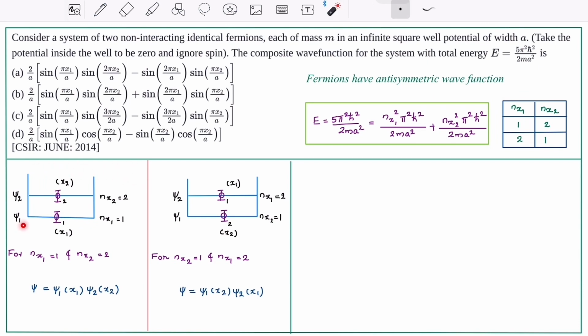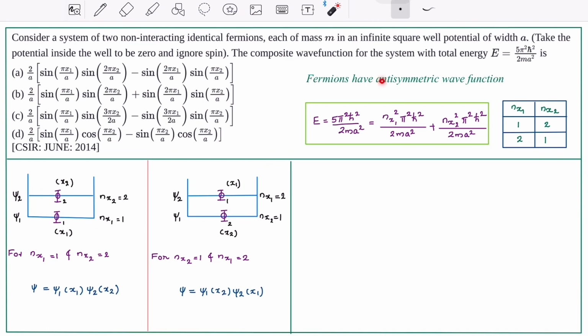The first one, where particle 1 is at ground state and particle 2 is at first excited state, and in the second case we have particle 2 at ground state and particle 1 at excited state.